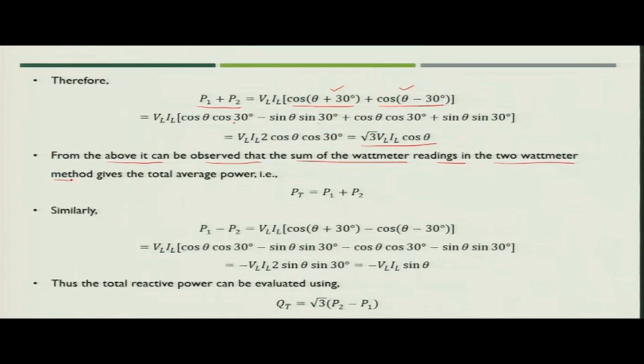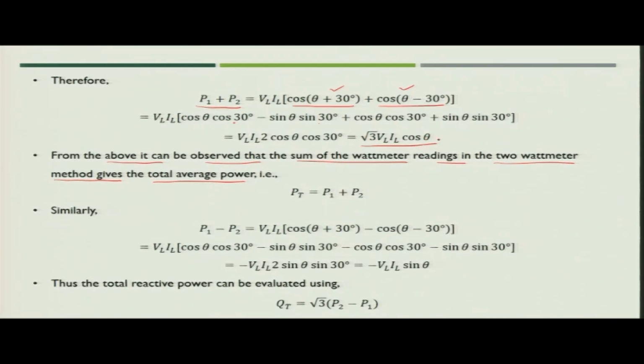So, from the above it can be observed that the sum of the wattmeter readings in the 2 wattmeter method will give the total average power, because if you remember we discussed that the total power consumed by the load in a 3 phase system will be root 3 times VL IL cos theta.